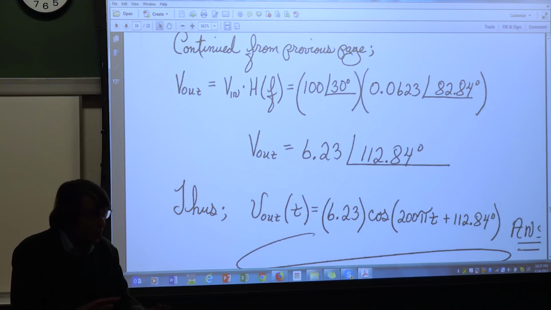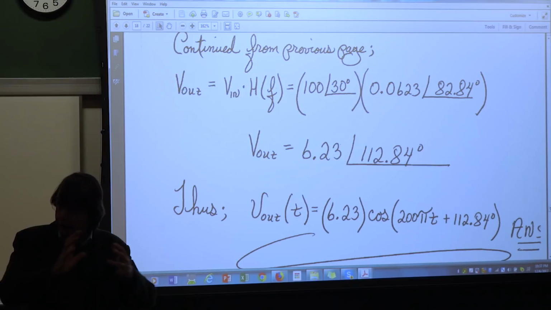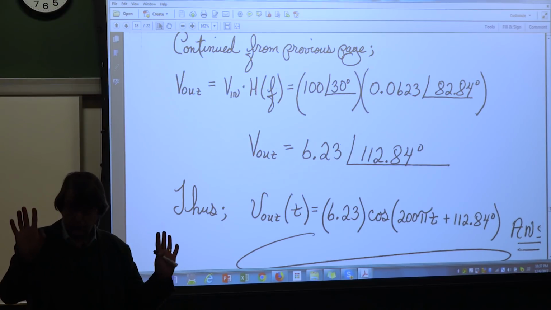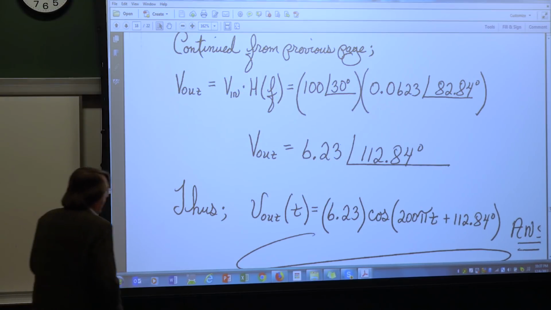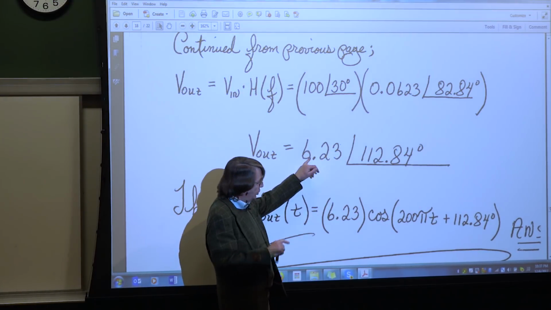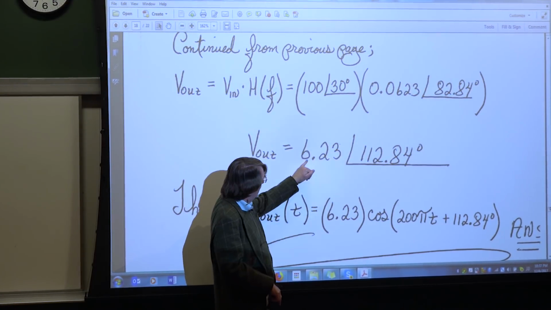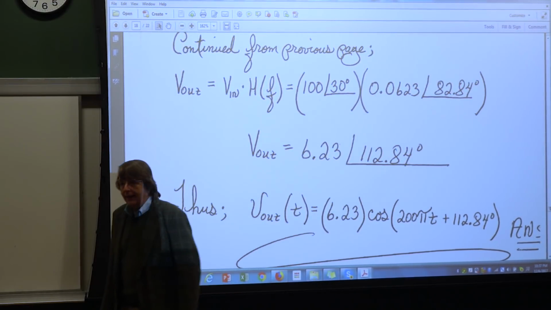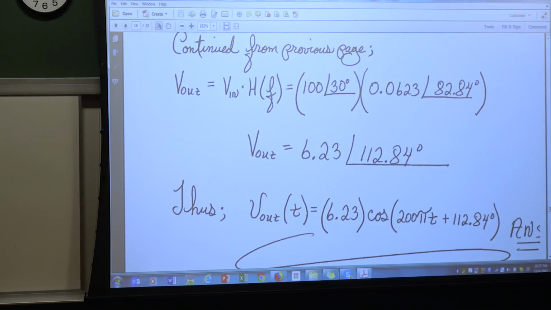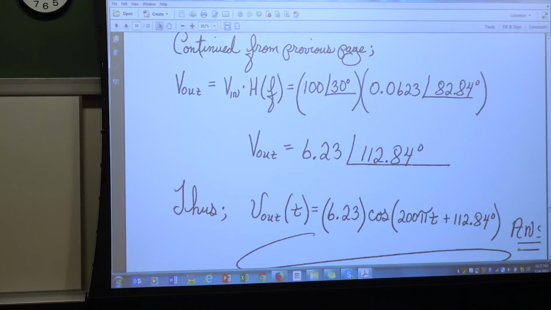So the thing that doesn't change is the frequency. Good job, sir, thank you. What happens is we change the amplitude and we change the phase. The frequency doesn't. So just keep the frequency the same, and we say, okay, how do I convert this to a cosine? Easy, 6.23, and that's the angle, and we're done. And I think we solved a somewhat complicated problem. How we doing? Okay.